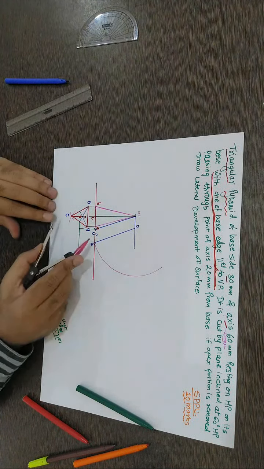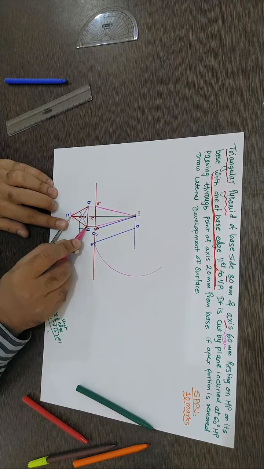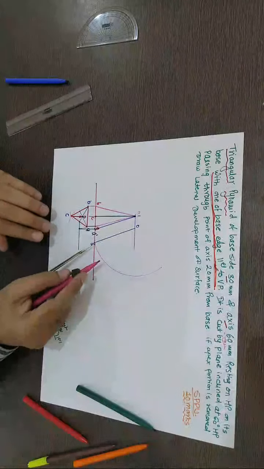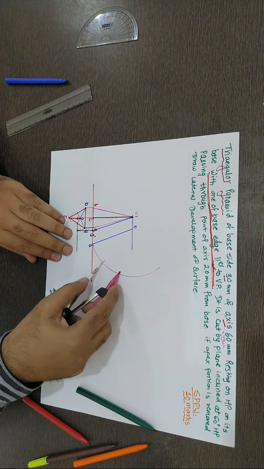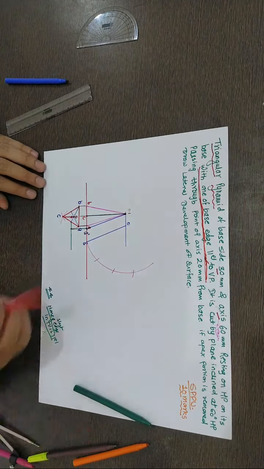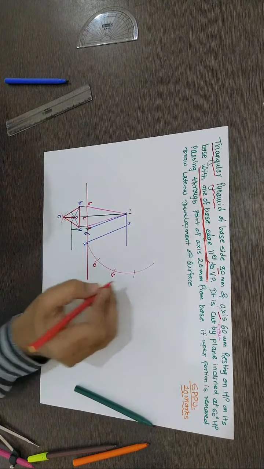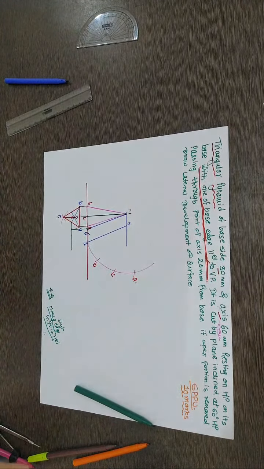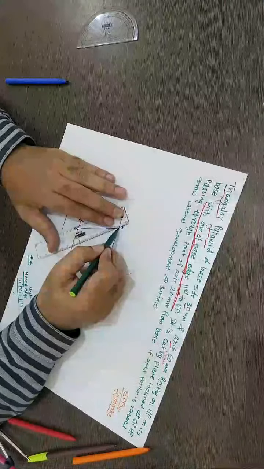Now this as 30. Now to draw development, take this as 30. From this A dash, mark the A, B. So this A dash represents actually the A. Okay, so this is A, B, C and A. Join it.